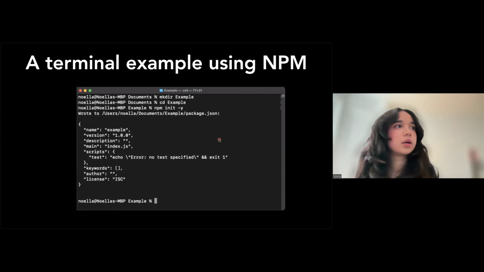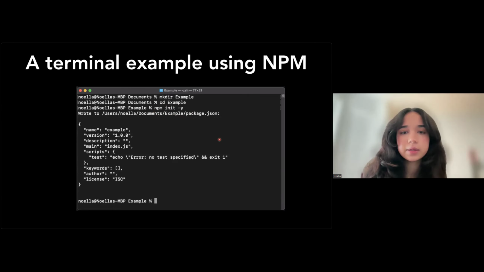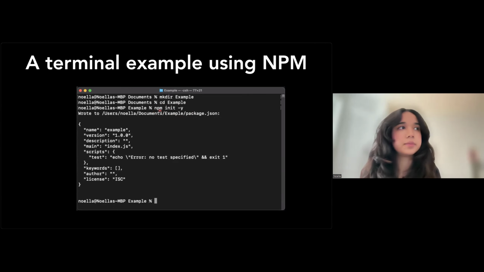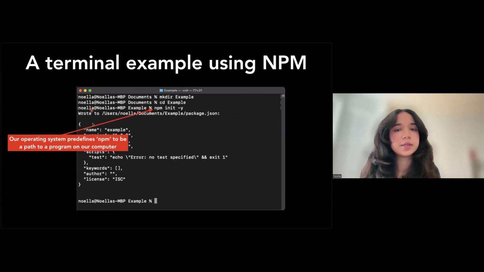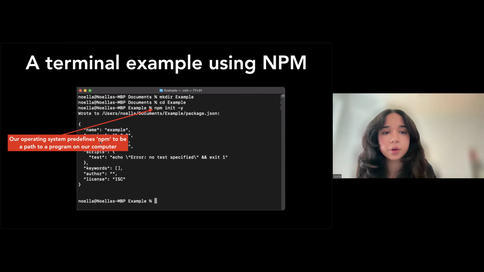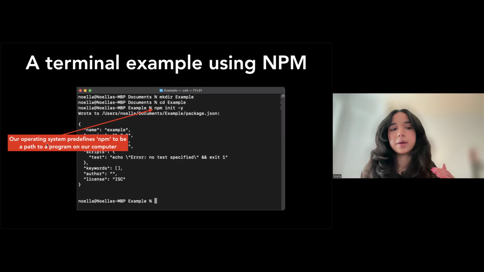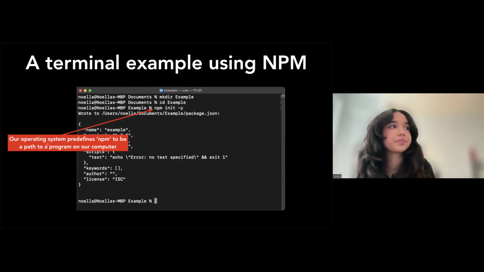And so if we see this little command, npm, all this is a predefined variable in our computer that predefines the word npm to point to a program on our computer.